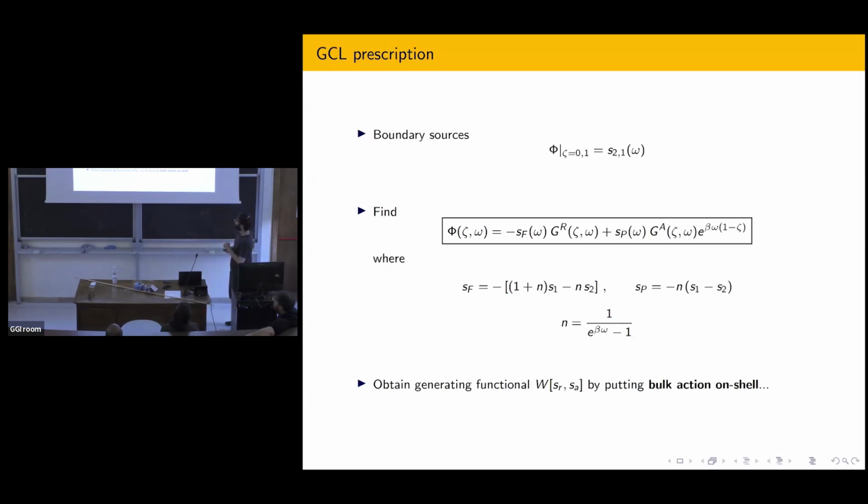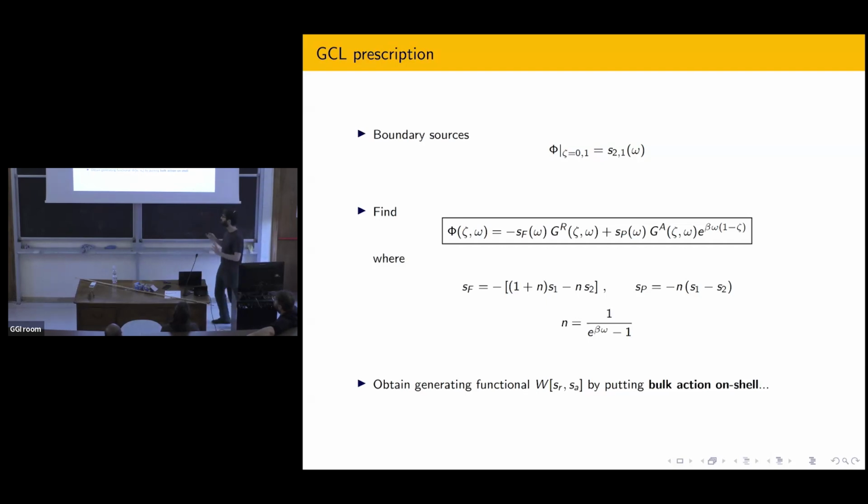So we find the full bulk solution, and it has this specific structure. Having this bulk field, we can put the bulk action on shell and find the generating functional of the QFT. And it can be shown that this leads to a Schwinger-Keldysh path integral.